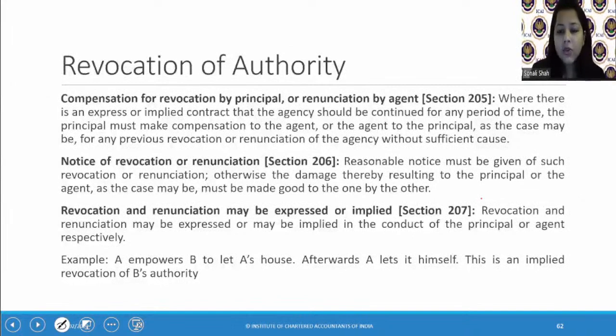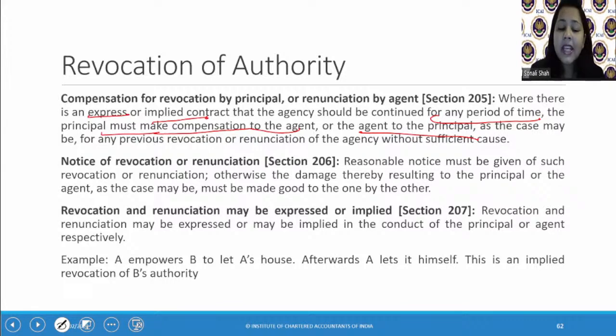Section 205 says, where there is an express or implied contract that the agency should be continued for any period of time, so the contract is such that there is a specific time period for which the agency has to be continued, the principal must make compensation to the agent or the agent to the principal, as the case may be.